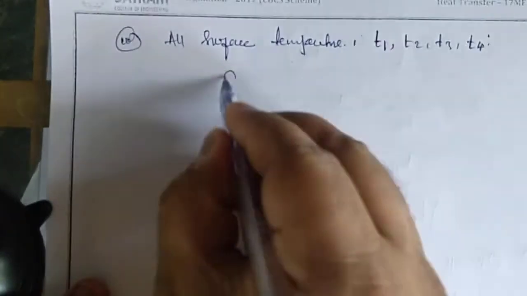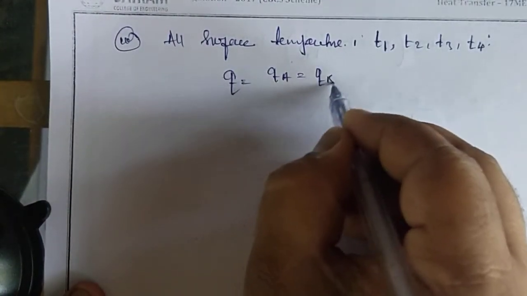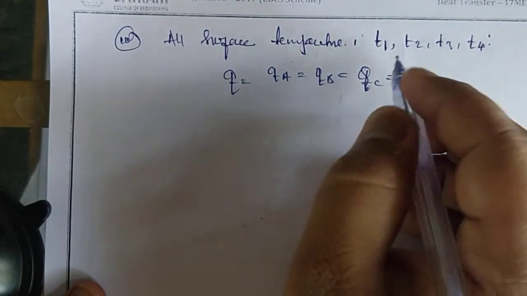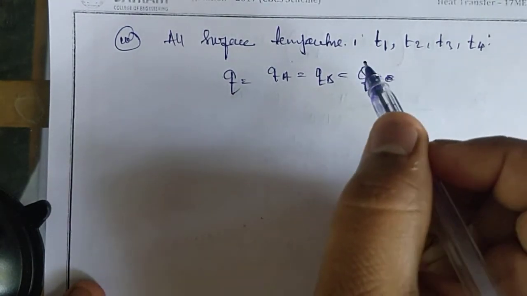So first of all, Q is equal to QA is equal to QB is equal to QC. QA, QB, QC.